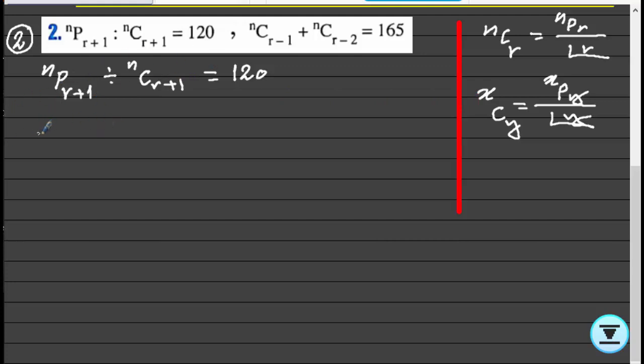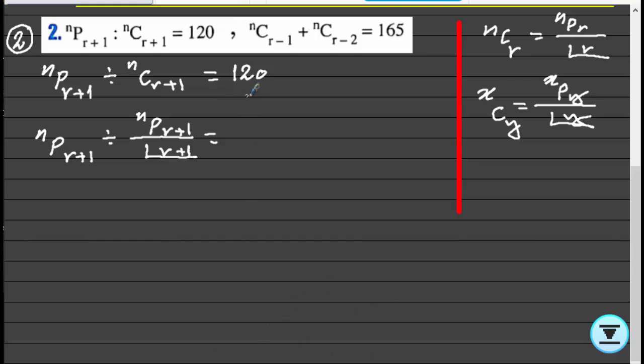We have here nPr plus 1 divide here. I write nCr plus 1 in the form of permutation. So it will be nPr plus 1 over factorial r plus 1. It is equal 120 equals factorial 5.